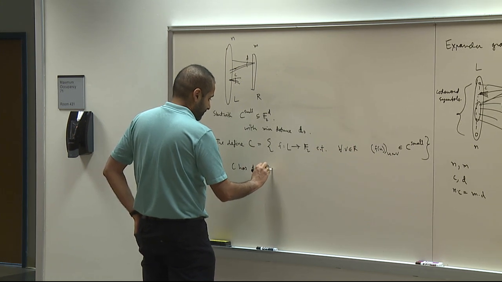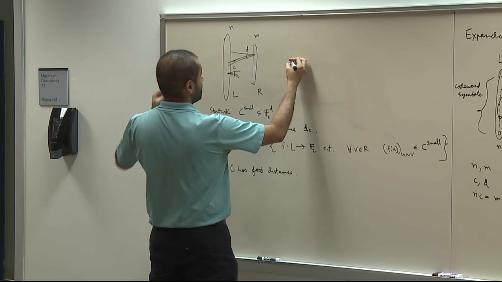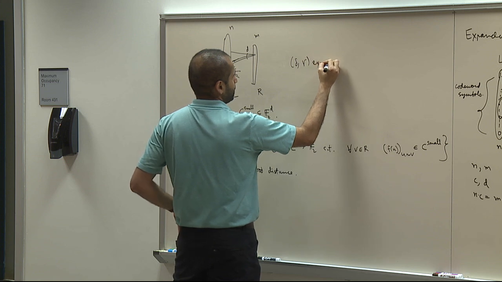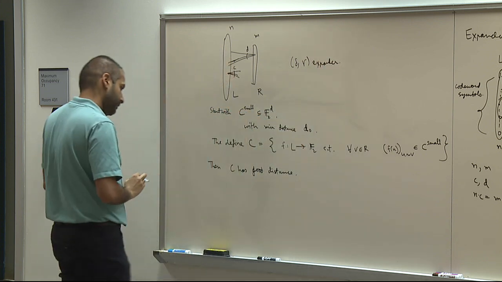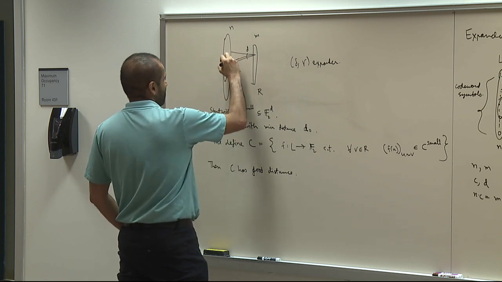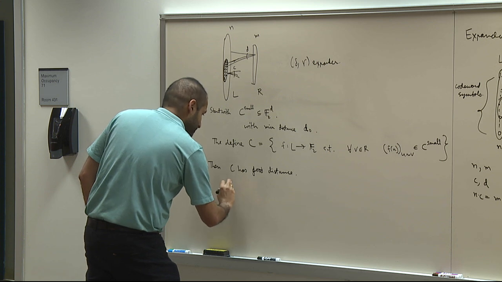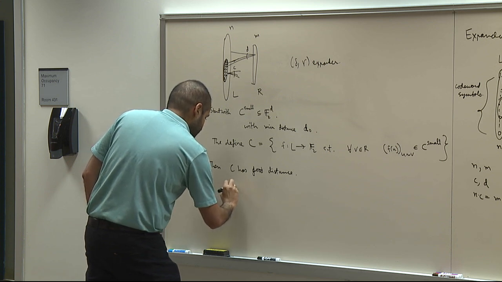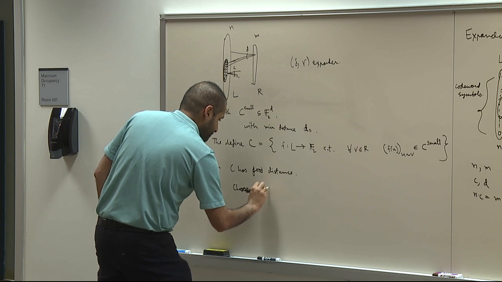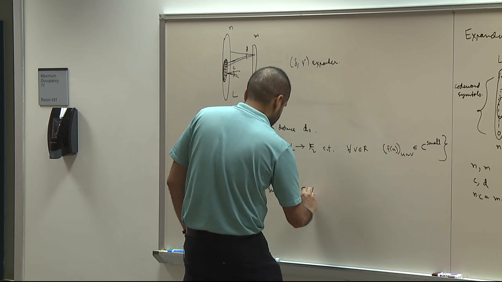So then C has good distance. Let me say why. We're assuming again that this is a delta gamma expander. Then the proof is basically the same. We choose any subset S in the left hand side.